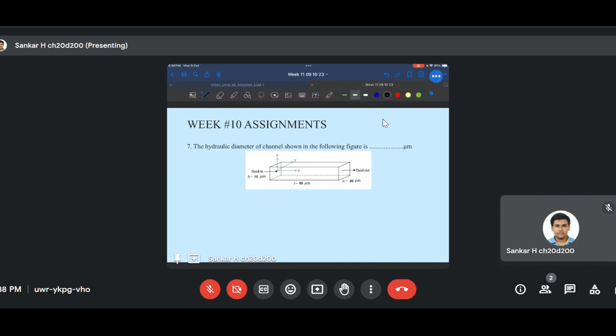So let us first calculate the hydraulic radius, which is defined as the cross flow area divided by wetted perimeter. If this were heat transfer, we would have replaced this wetted perimeter with heated perimeter.